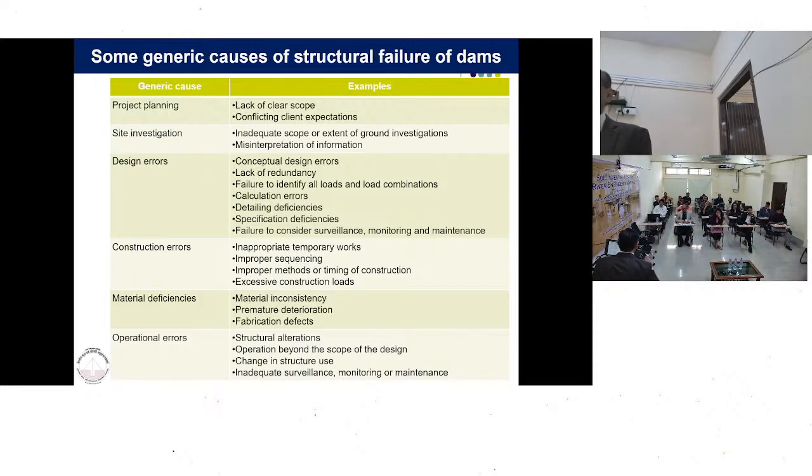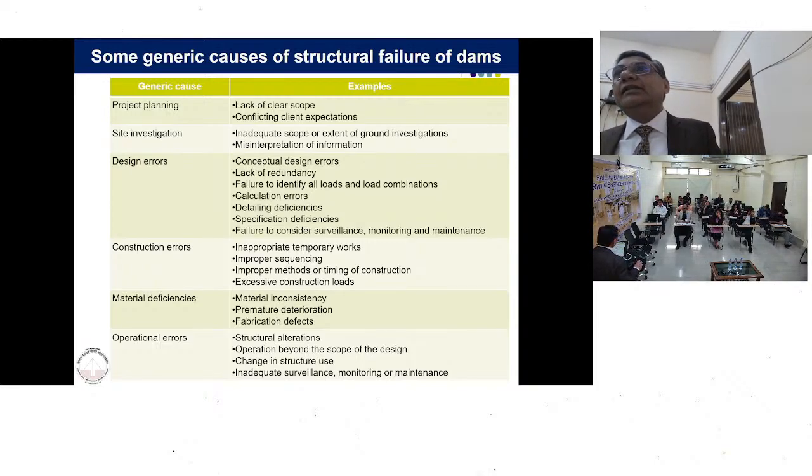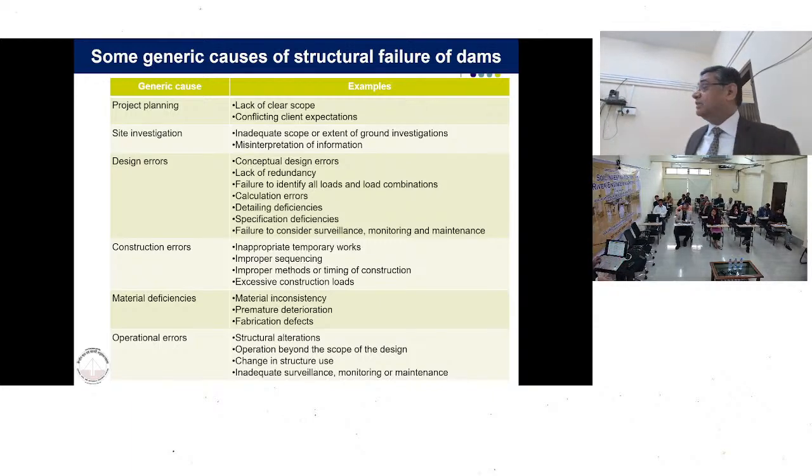But you see here now, these are certain problems which are not even recorded at places, and that project's fate is still hanging in an indefinite state. What will happen and what type of dam is to be constructed? So, site investigation and misinterpretation of information.